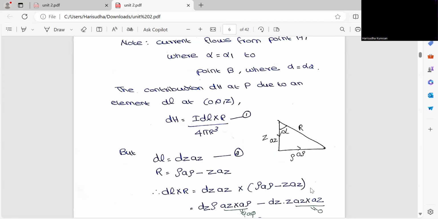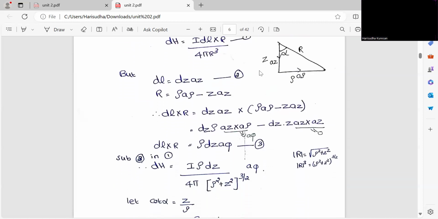So I've just replaced and kept, and then you have to multiply inside the brackets. So therefore dz az cross rho a rho minus dz az cross z az. That will be the multiplication if you multiply inside the brackets.